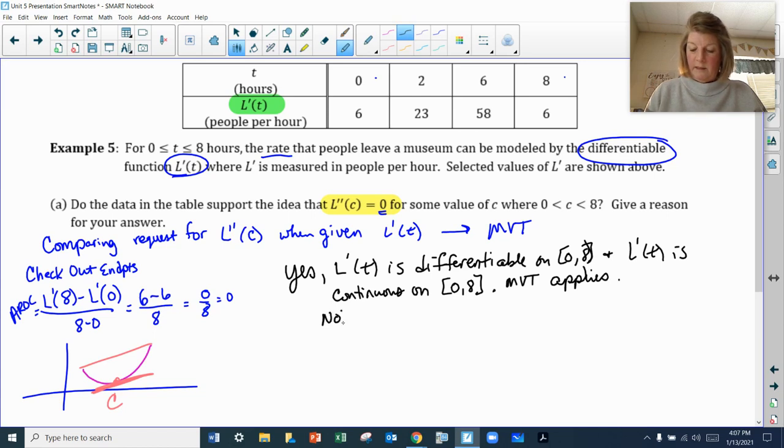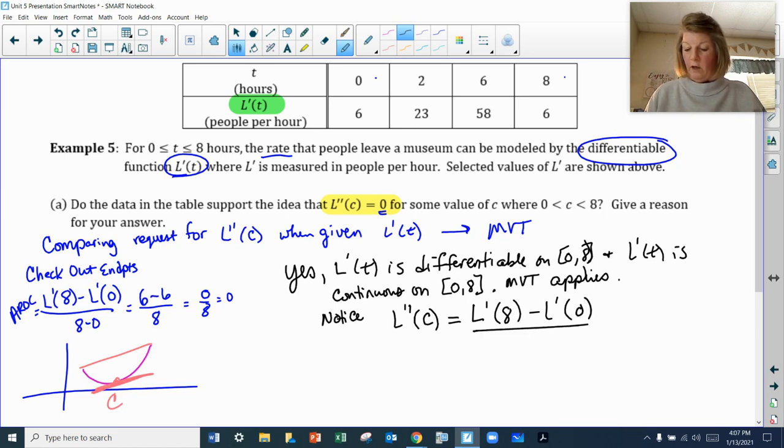And we notice that L double prime of C will equal L prime of 8 minus L prime of 0 over 8 minus 0. That turned out to be 6 minus 6. I'm just going to bring that work that we had done.